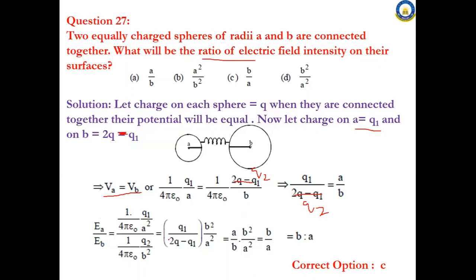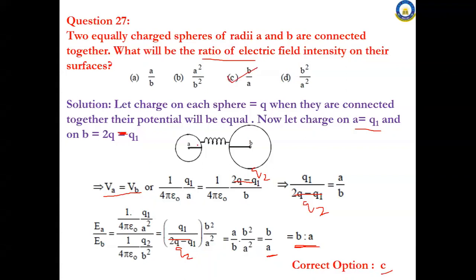Again this is Q1 by Q2 into B square by A square. Now Q1 by Q2 you have already calculated as A by B. Substitute A by B into B square by A square, that is equal to B by A. So the ratio is B is to A, or B by A. So that is the correct option, option C.